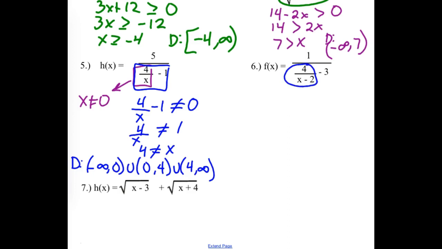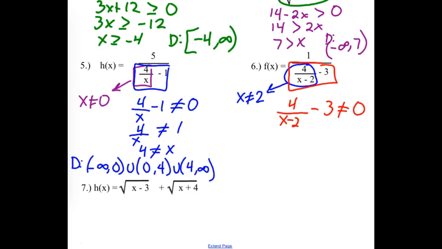So what can x not be? X can't be a 2. Okay. Then looking at the bigger fraction, that's my denominator. And so 4 over x minus 2 minus a 3, that whole thing can't be 0.